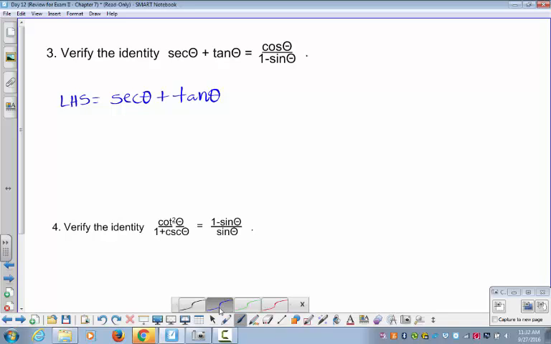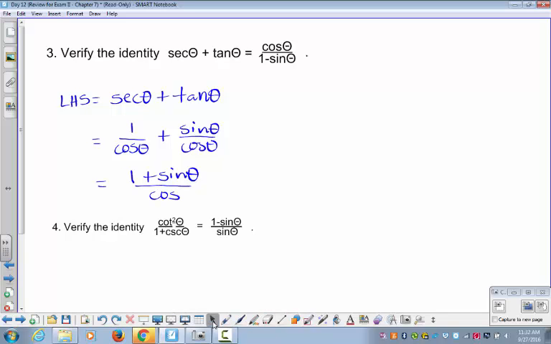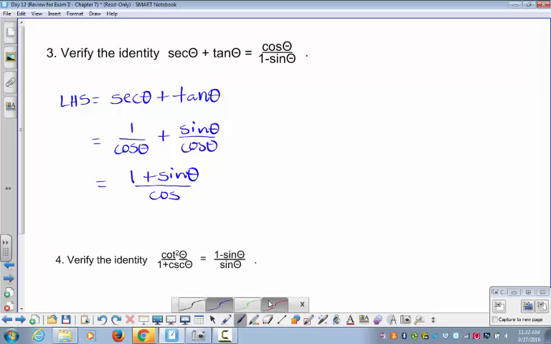Yeah. All right, so here, I'm going to switch to sines and cosines. We've got the same denominator already. That makes it pretty easy. And now here, it's going to be very similar to what we just talked about.